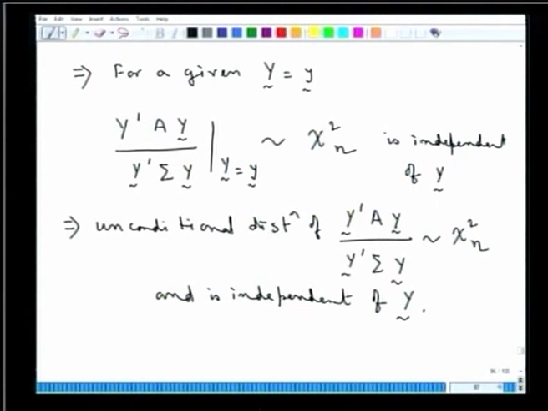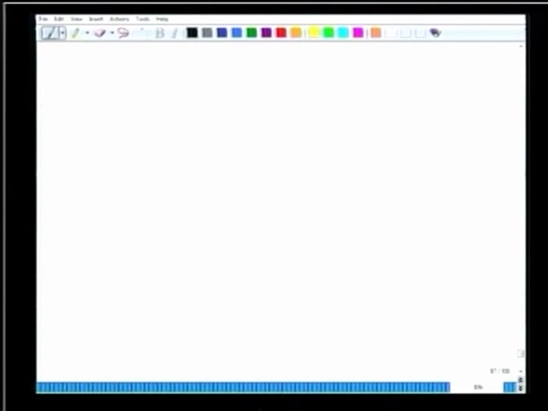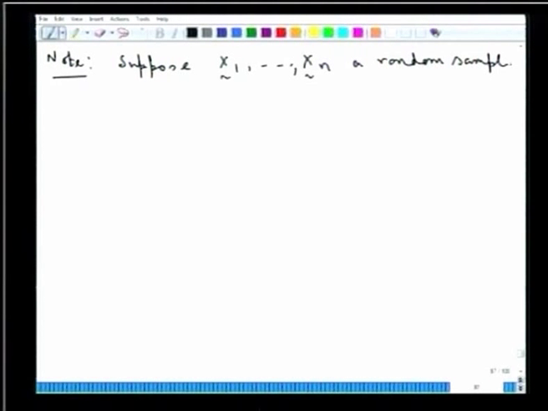Let's see how readily we can use this particular result for random sampling in case of a normal distribution. Suppose we have x1, x2, ..., xn, a random sample from a multivariate normal of dimension m with a mean vector mu and a covariance matrix sigma.